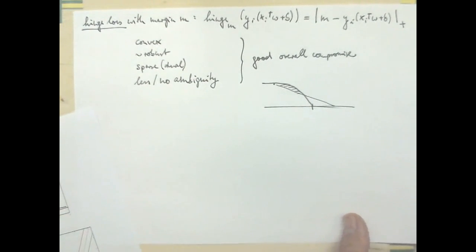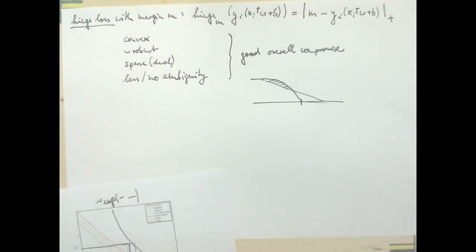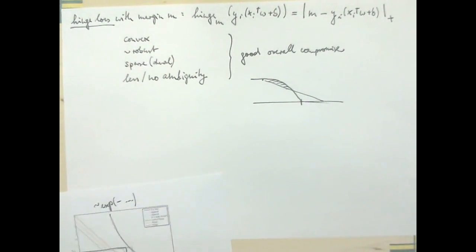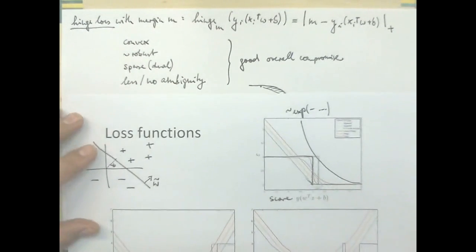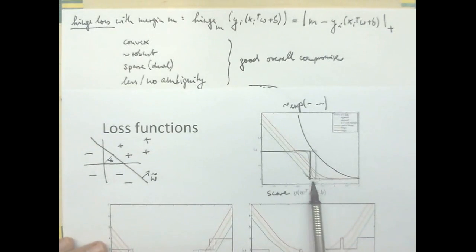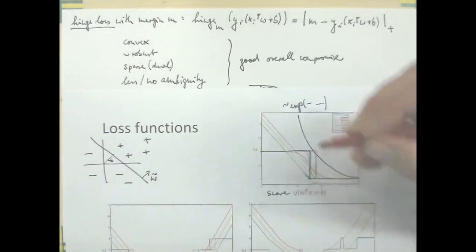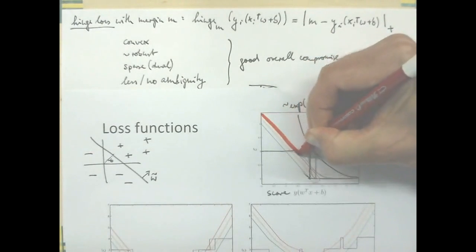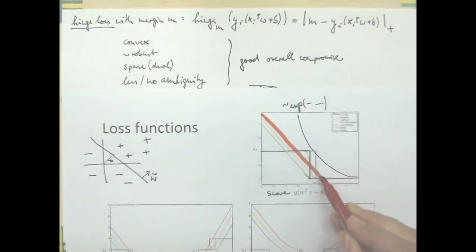Now, as a measure of empirical loss, this is an interesting invention, because note that using this hinge loss, you already get a contribution to the empirical error, even for samples that are correctly classified. So again, the red function is the hinge function with a margin.